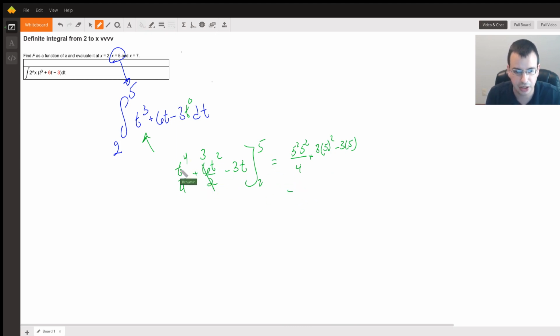So I'm going to write this again as 2 squared times 2 squared instead of 2 to the 4th. It's just easier for me to visualize. 3 times 2 squared, because plugging in 2, minus 3 times 2. And then we have brackets. This whole section is subtracted.